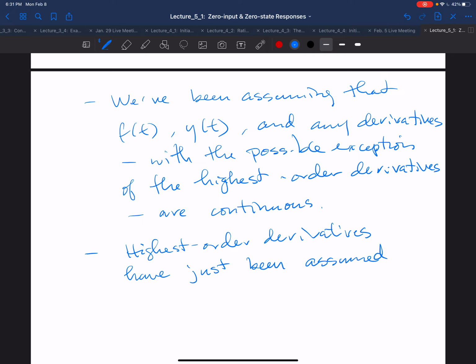So it's going to be convenient to try to relax these assumptions. In order to do that, we are going to introduce what we call generalized functions.